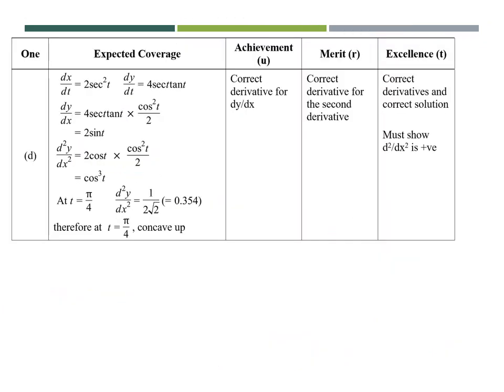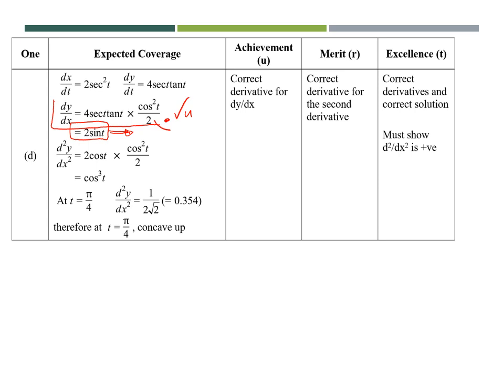Okay, for the marking schedule for 1D, the excellence question, if you'd got to about here, that's where most of the boys would have got to. There is your achieve tick. Understanding that this actually simplifies is really important for your merit and excellence after that, because otherwise you're going to have to try and use the chain rule to differentiate from there.